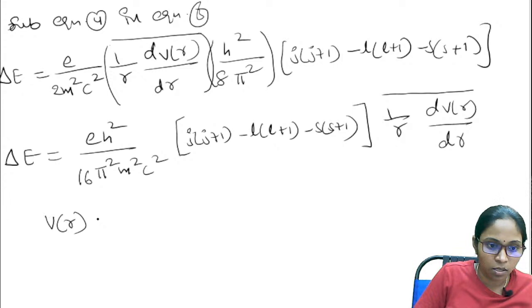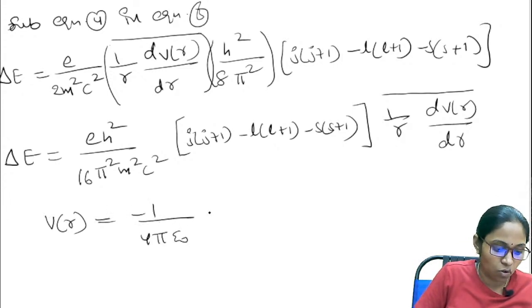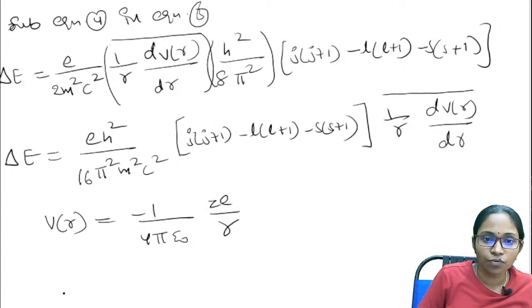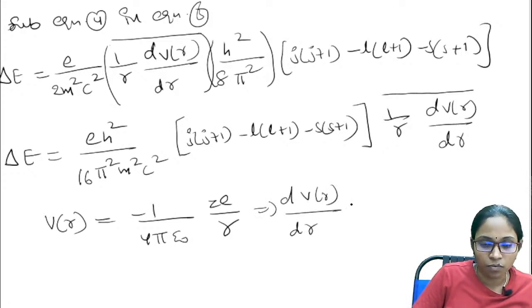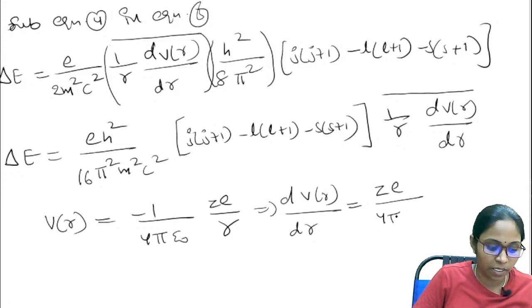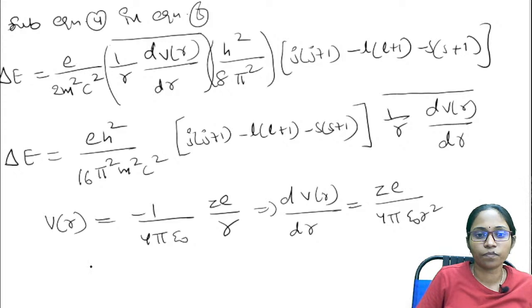V(r) is equal to minus 1 by 4 pi epsilon naught Ze by r. If you take the differentiation with respect to r, here you will have minus 1 by r, which gives 1 by r square. Therefore, it will be equal to Ze by 4 pi epsilon naught r square.